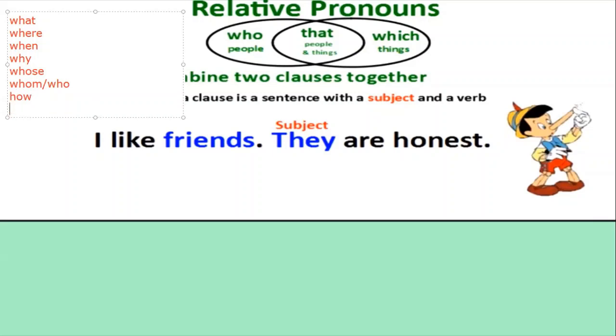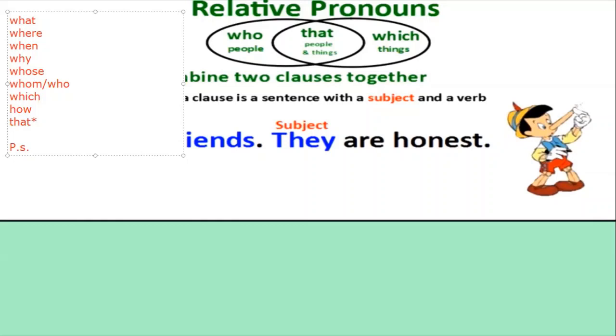Before how, let's write which, now that we have already used who. So which, then we say how, and finally that, right? Now, as you can see right here.